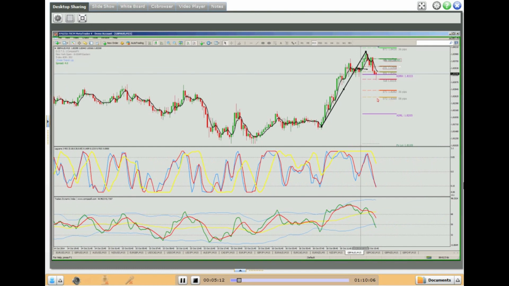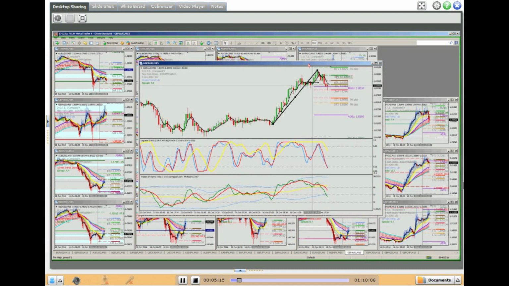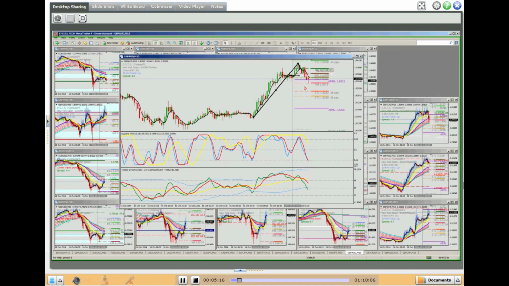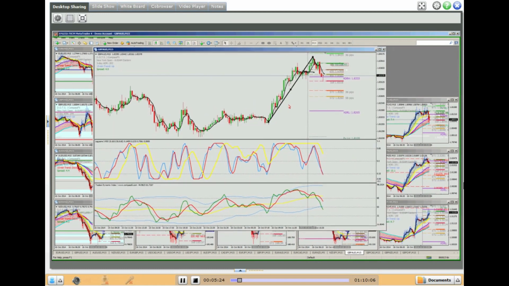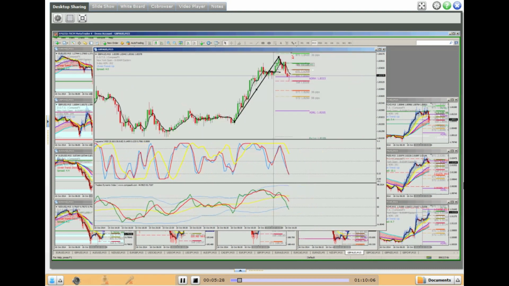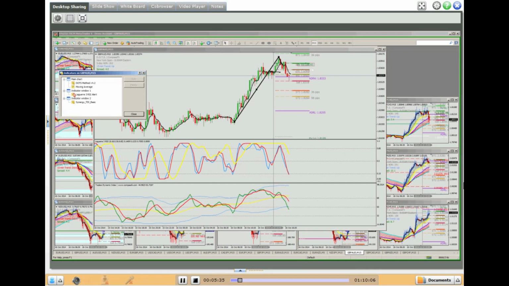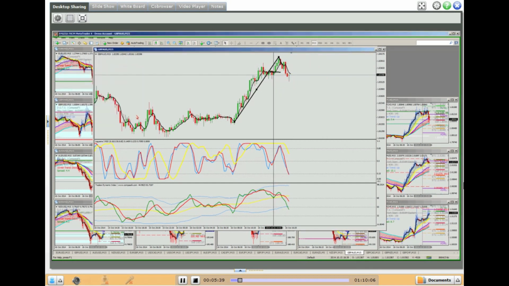Let me try to move the chart over. You said you needed the chart moved over a bit. Can you see it now, Devorah? Yes. Okay. Let me get everything moved there. And I'll move this over this way some. And you want me to take the dots off so they can see it a little bit easier? Yes, please. There you go. You got it. I'll let you take it from here. Let me turn the mic off and I'll turn the cursor back over to you.